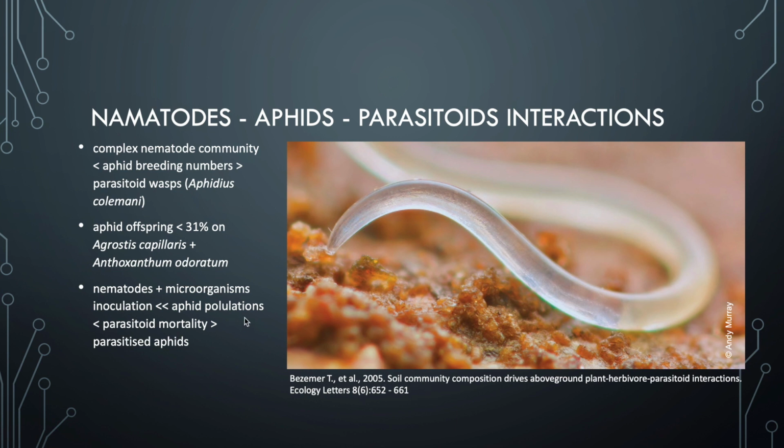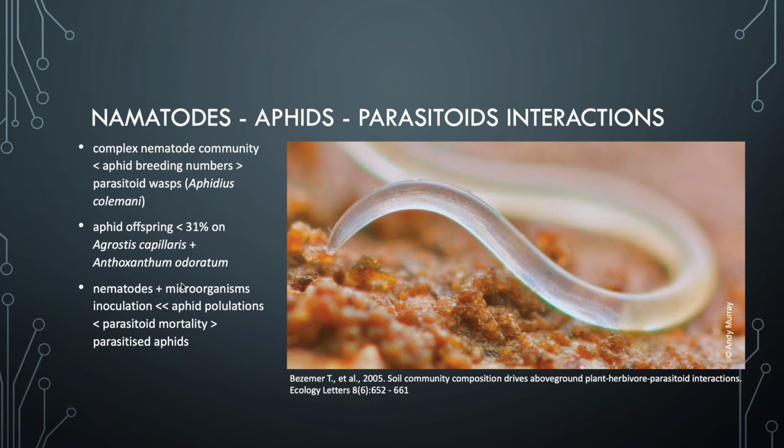But basically, this is an example showing the importance of complex nematode community within the soil and how that affects plants because of the herbivorous animals that feed on those plants and their reduction via the effect of parasitoids that feed on the animals, in this case aphids that feed on the plants.